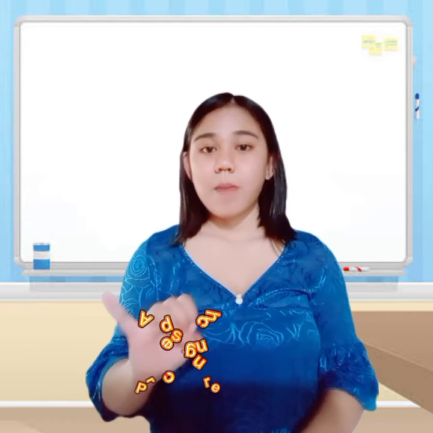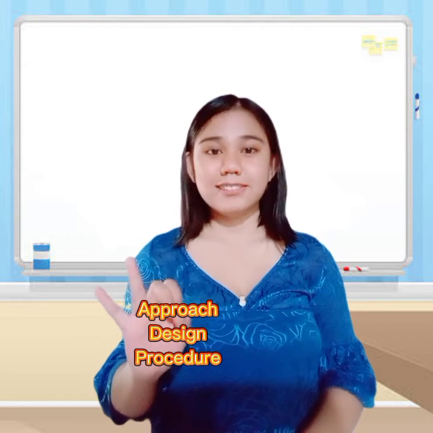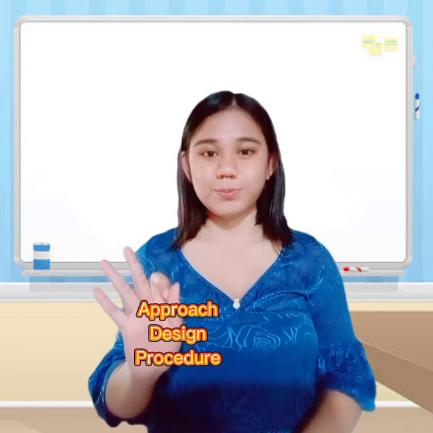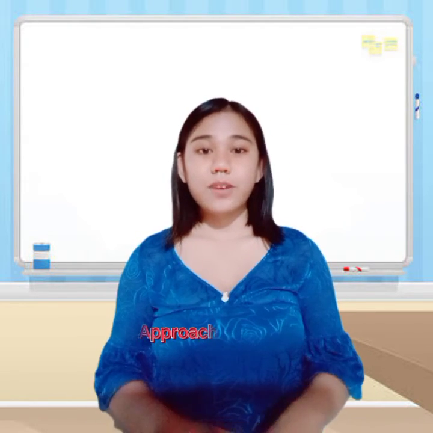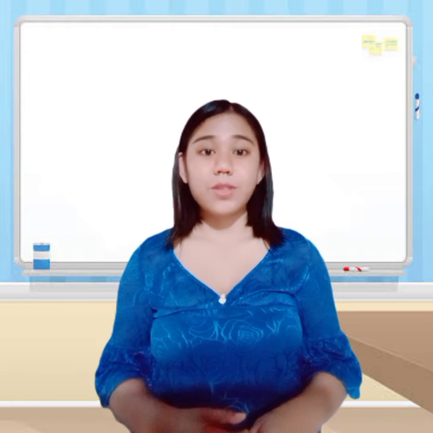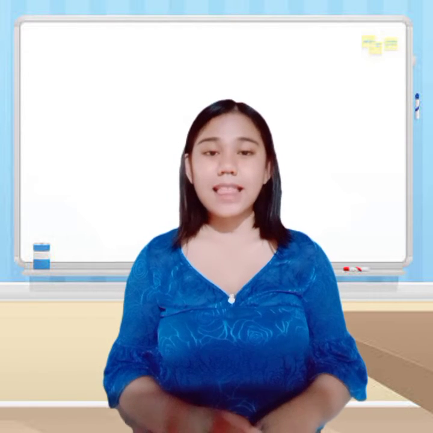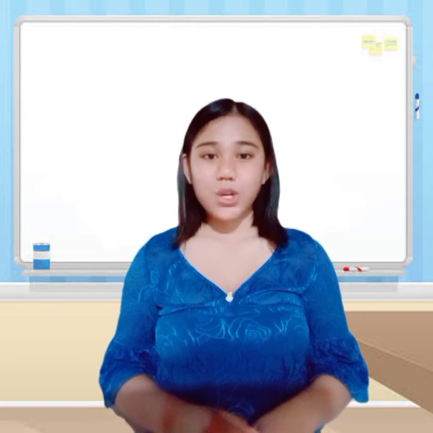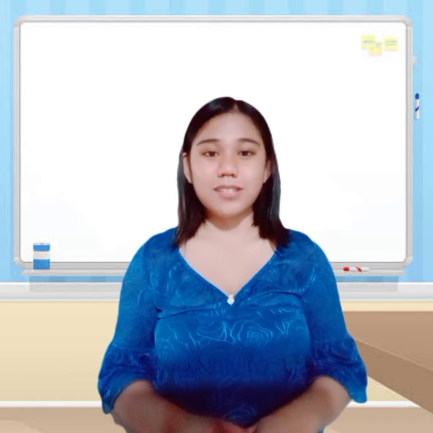There are three basic concepts of CLT: approach, design, and procedure. An approach refers to theories about the nature of language and language learning that serve as the resources of the principles and practices of language teaching.